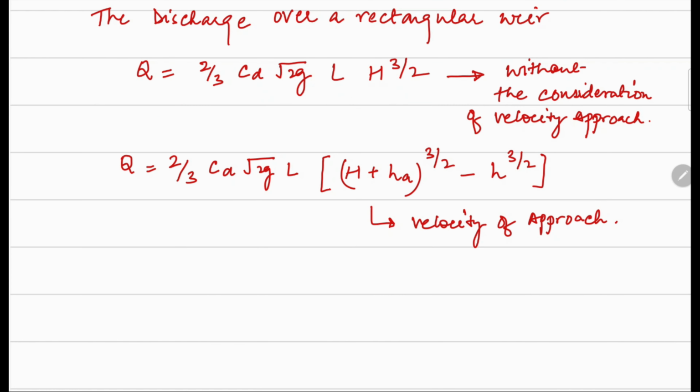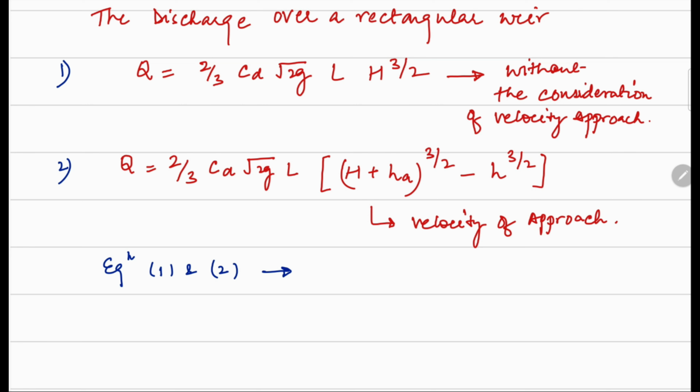Now it is interesting to note that if we say that this is equation 1 and this is equation 2, then both these equations, 1 and 2, have a certain condition when they will be applicable. The applicability of equations 1 and 2 is subject to there being no contraction.